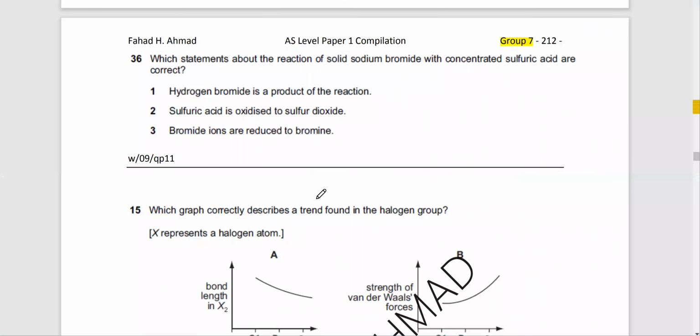So sulfur dioxide is formed, but what's wrong here is that it's not oxidized; it's actually reduced because in H2SO4 sulfur is +6. In SO2 sulfur is +4. So if 2 is correct, 3 is also correct. Bromide ions are not reduced; they're actually oxidized. Bromine is forming, but it's getting oxidized. So only the first one is the correct option.